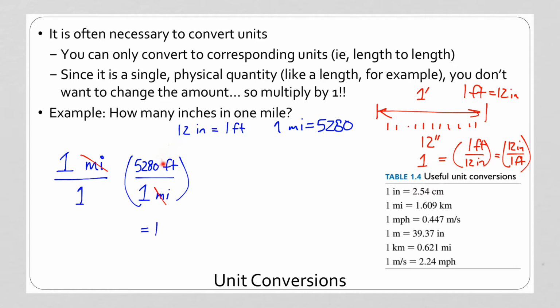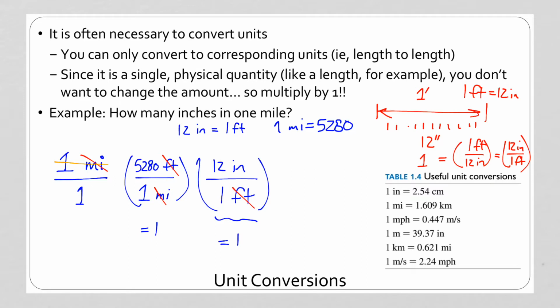I don't really want feet either, though. I want inches. So I have feet in the numerator, and I want to get rid of that as well. So I'm going to put 1 foot in the denominator, and then I have to make this whole value equal to 1 as well. So 1 foot is equal to 12 inches, and then feet and feet are going to cancel as well. And now I have inches left. Those are my only units, so I have an expression in inches. I have multiplications and division, so those are all on equal terms to one another.